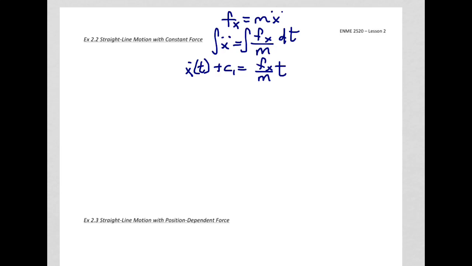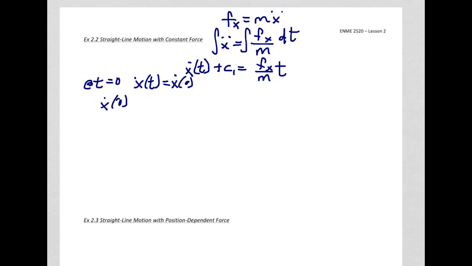So we still have to apply our boundary conditions to get this into working form because we still have a c1 that's hanging out there. So at time equal to 0, our initial condition, x dot of t is equal to x dot 0. And so we substitute this in the equation.